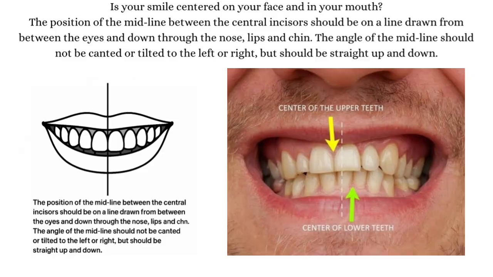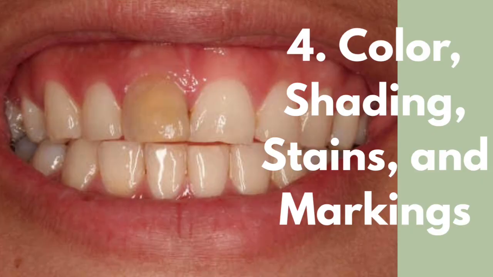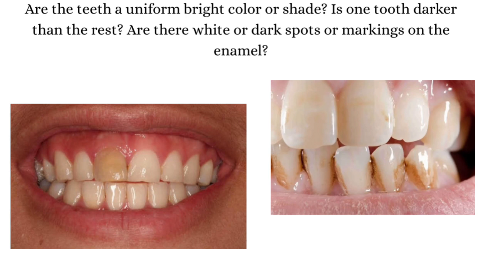4. Color shading, stains and markings. When we look at teeth, we should check: 1. Color. Are all the teeth the same color or shade? They should ideally look uniform and bright. 2. Shading. Sometimes, one tooth might look darker than others. This can happen if that tooth is damaged, has a filling, or is dead. 3.